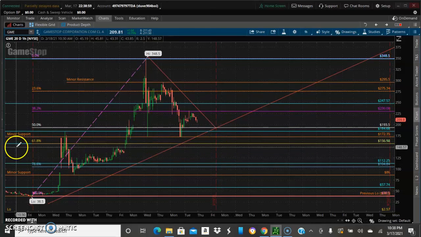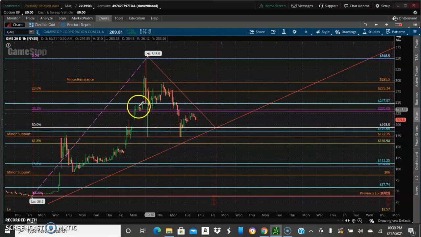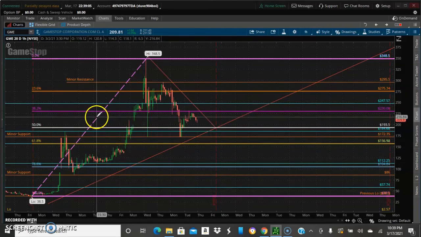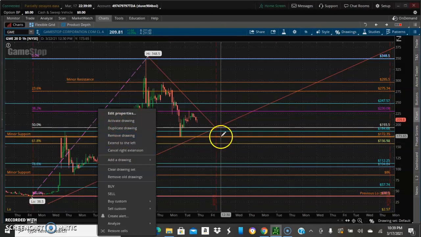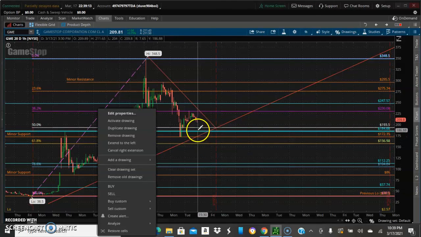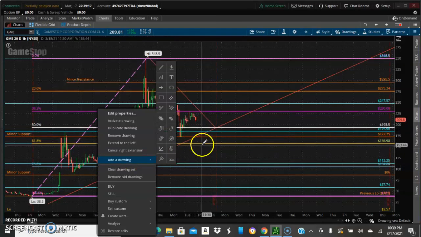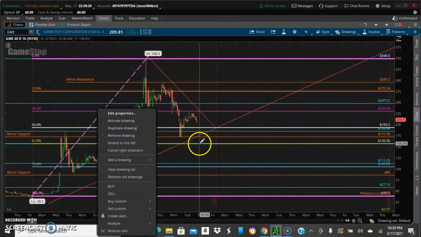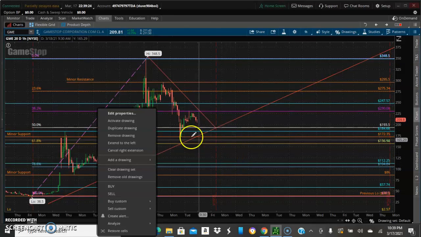We have a level there right at that price. We're kind of right there at it. So I say, you guys, the trade is here between the 50 and 61.8%. That's where the trade will lie for another buy signal and take it up to 247.57.